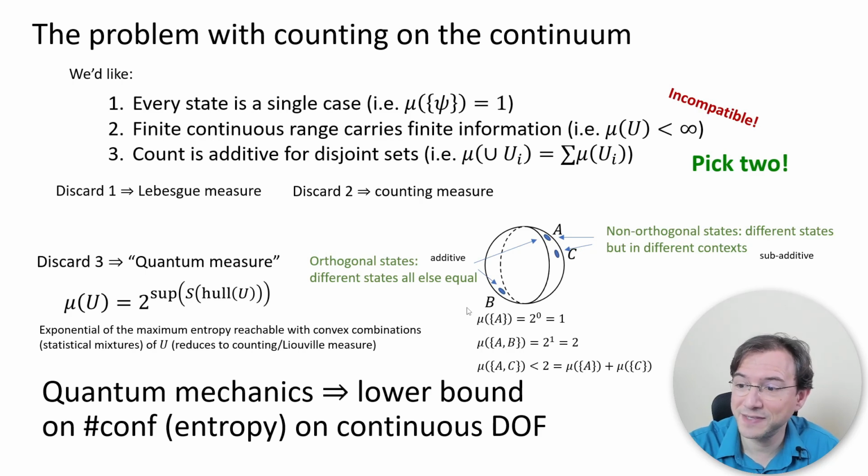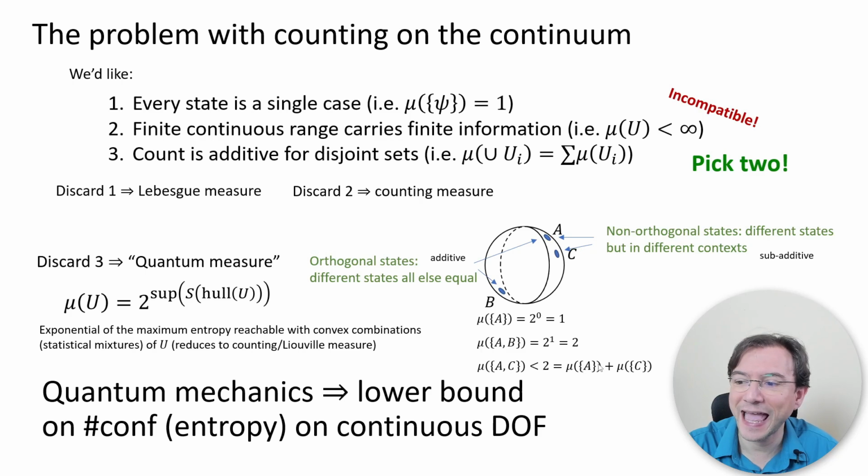And the way that you can see it is that if you take a single point, it's a pure state, and a pure state is going to have entropy 0, so 2 to the 0 is 1, so every state counts as 1, which is good. Now if you take 2 orthogonal states, then you can get to the maximally mixed state, which is going to be entropy 1, so 2 to the 1 is 2, so if you have a set of 2 orthogonal states, then you get 2 states.